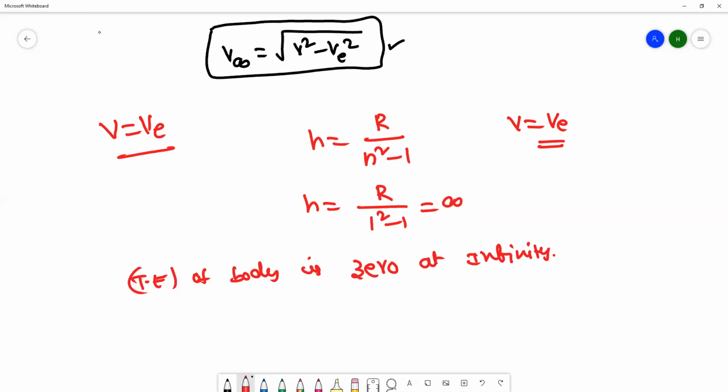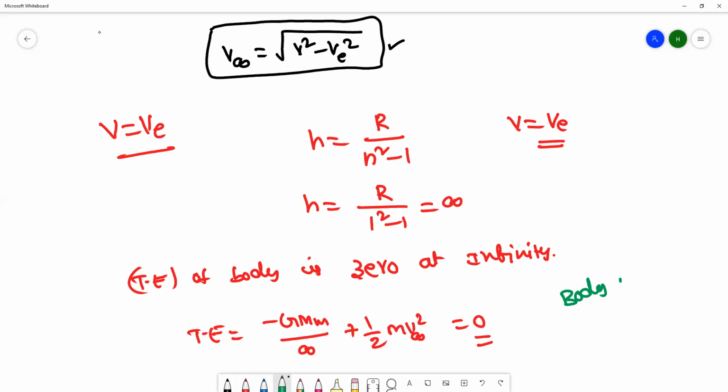Then total energy is equal to minus GMm by R plus h, which is infinity, plus half into m into v infinite square. That will be 0. So we can consider the body possesses 0 total energy at infinity.